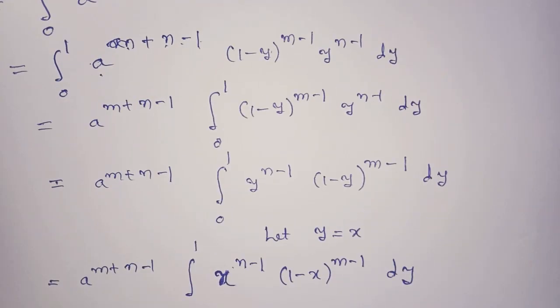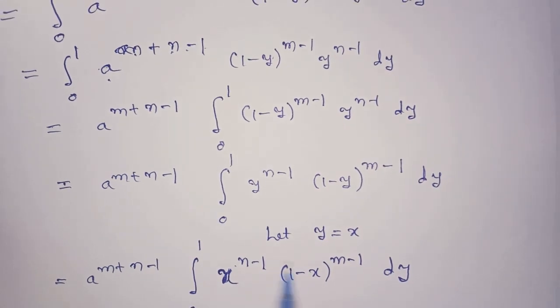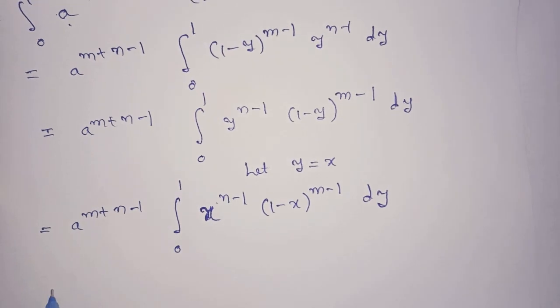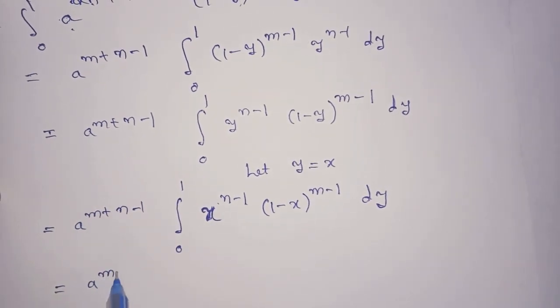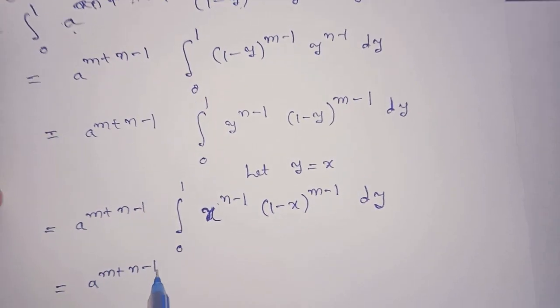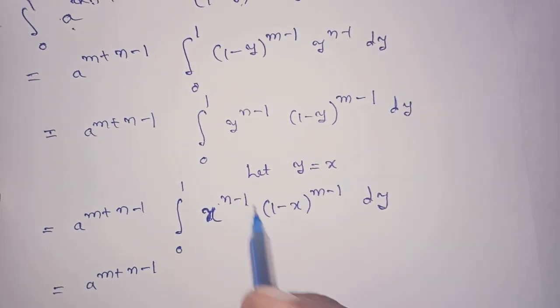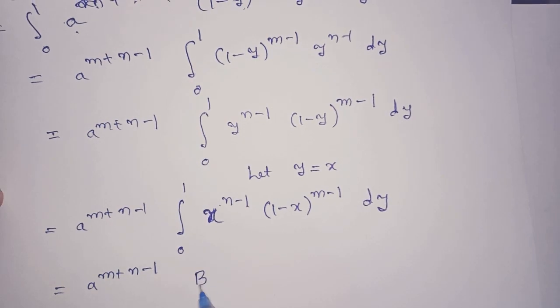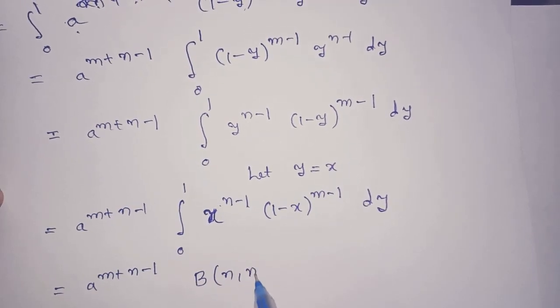Clearly it is of the beta form. Therefore we have a to the power of m plus n minus 1 into, as per the definition of beta function, B of n, m.